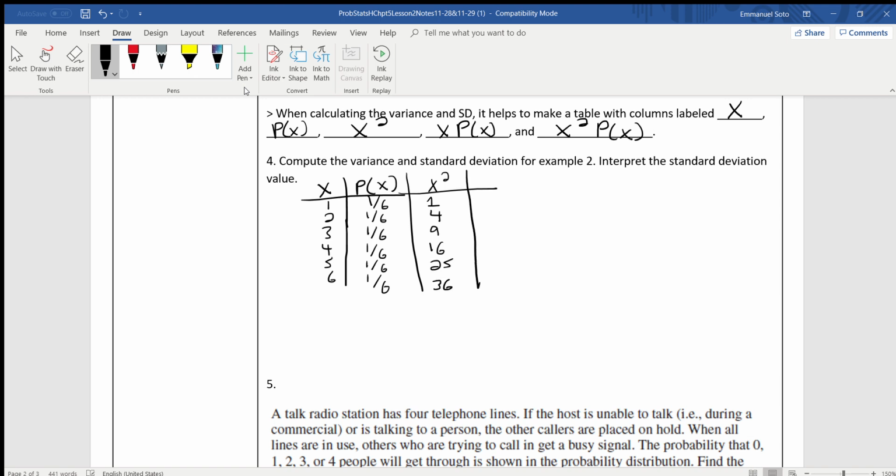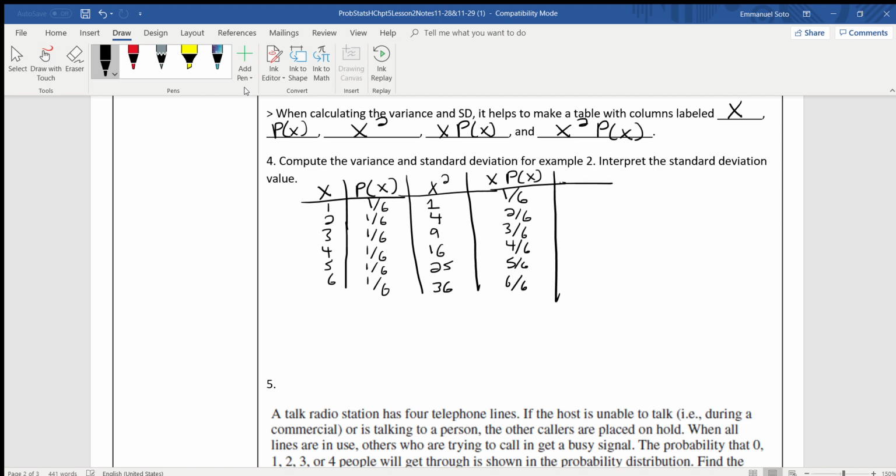Now I like to do the x times p of x. That means I'm going to multiply the first two columns. So 1 times 1 out of 6 is 1 out of 6. Then we have 2 out of 6, 3 out of 6, 4 out of 6, 5 out of 6, and then 6 out of 6.